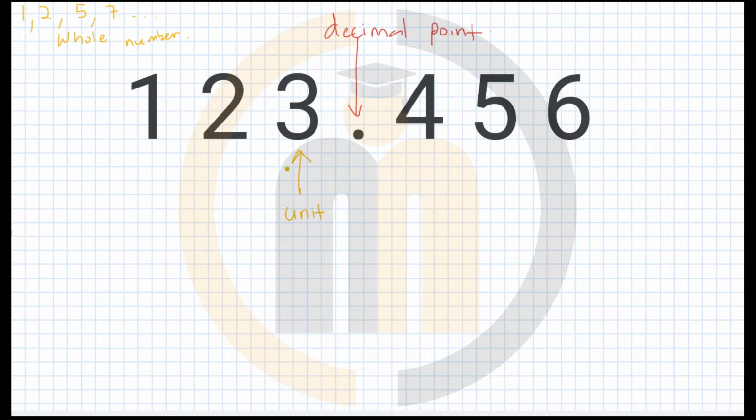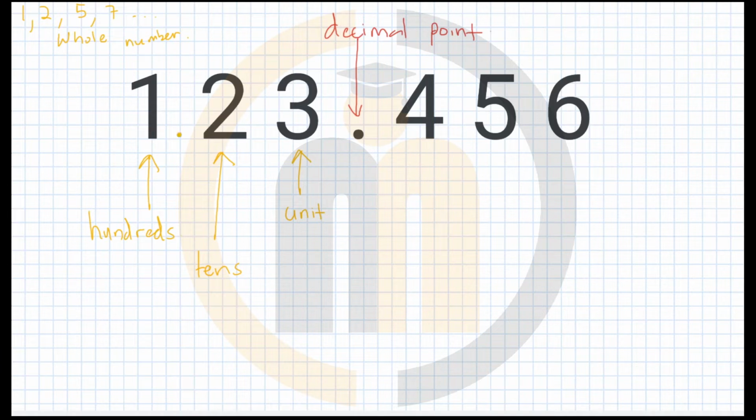After this number 3 is where the decimal point begins and the decimal numbers appear. If the 3 is in units, then the 2 is in the position of tens, and the 1 here will be in the position of hundreds.